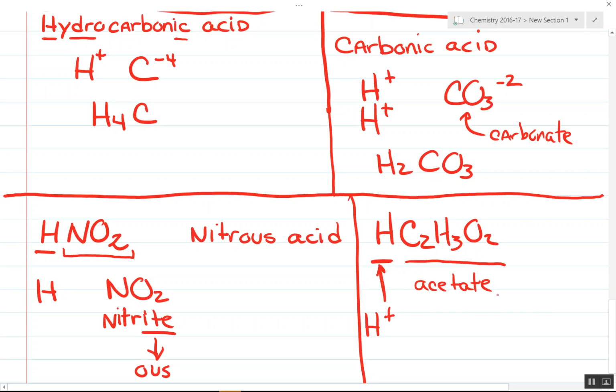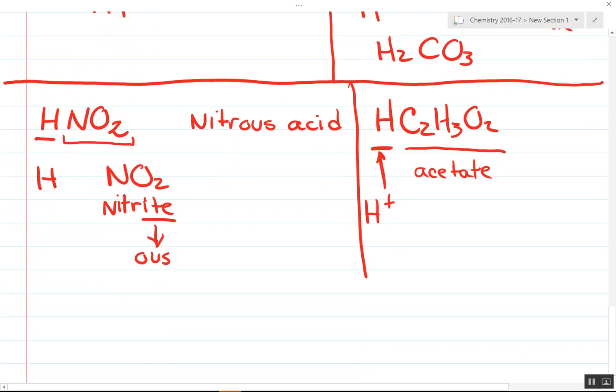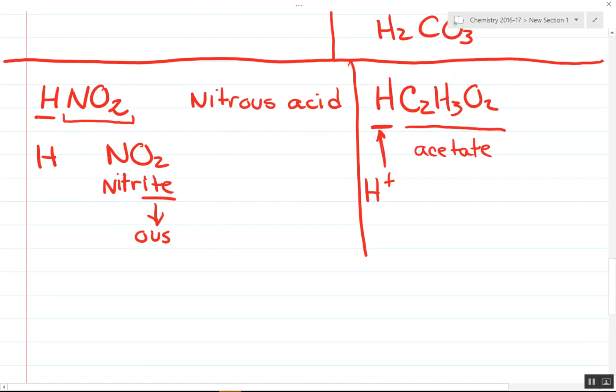All right, guys. Acetate. Ates become what? Ic. So this is acetic acid. This is also known as vinegar.